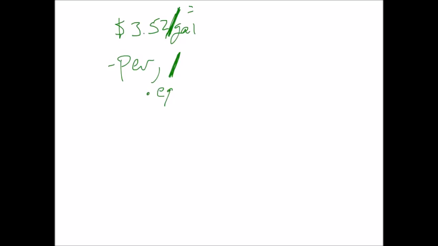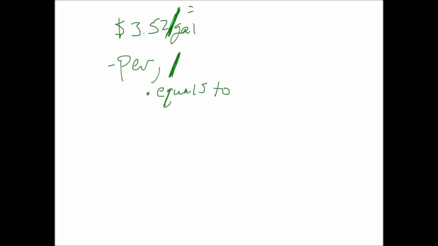Let's take a look at an example for a second. Let's say that gas today costs $3.52 per gallon. This per sign right here, this division sign, that's another way of saying equals to. So anytime that you see per, you see that division sign between something, then you can go ahead and understand that that means equals to.